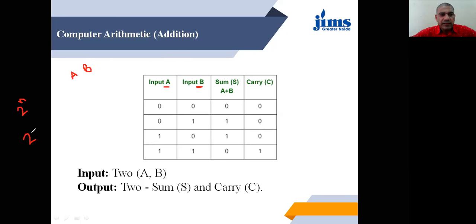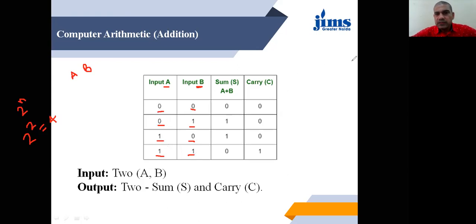Here n is 2, so 2 squared is 4. So there are 4 possible combinations: 00, 01, 10, and 11. These are the 4 possible different combinations when we have two inputs A and B.